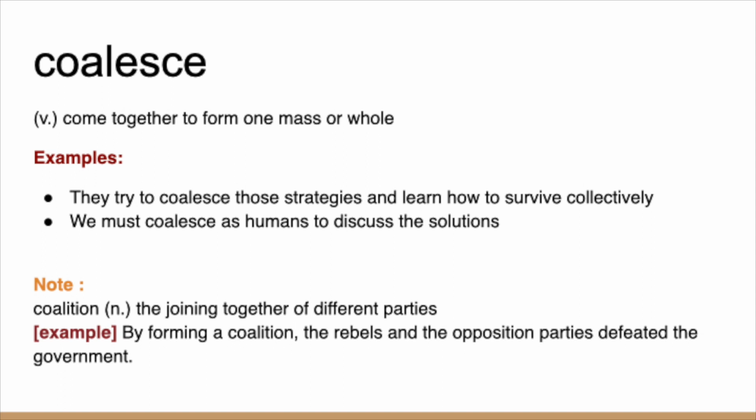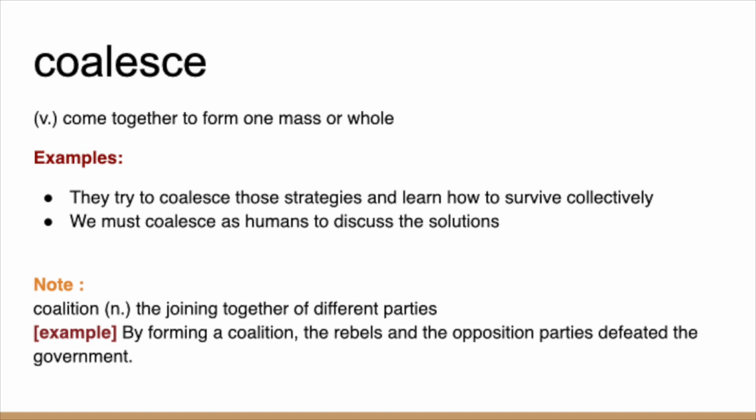If you are memorizing coalesce, I would recommend you to also memorize coalition. Coalition is a noun. It means joining together of different things or different parties. So it basically is the noun form of coalesce. We can see the example here.